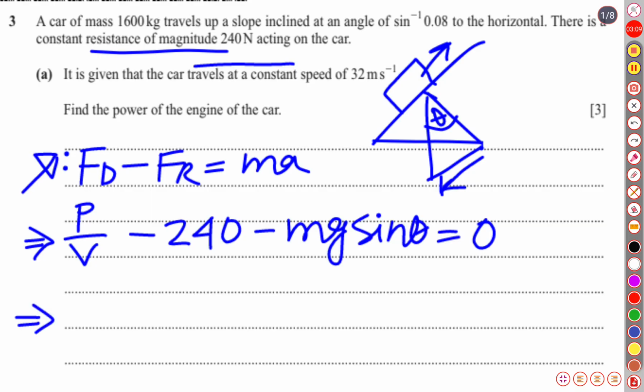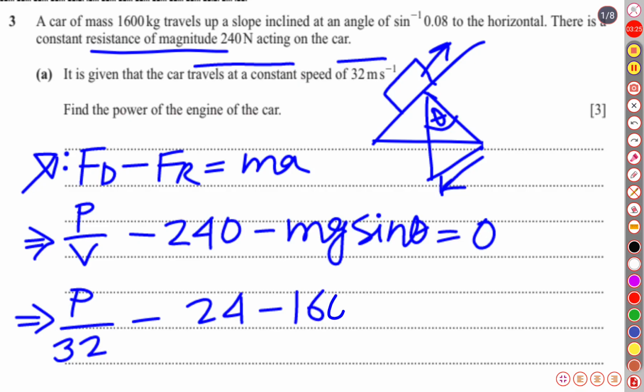Now power is to be obtained, but velocity is given. Velocity is 32 meter per second, so let P be unchanged: P over 32 minus 240 minus the mass of the car 1600, acceleration due to gravity 10, and sine theta, the value of which is 0.08, equals 0.